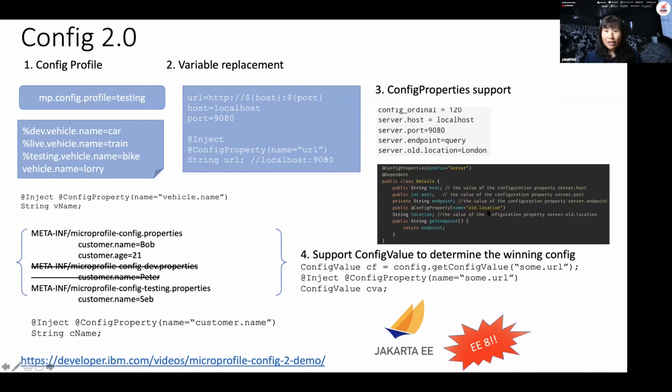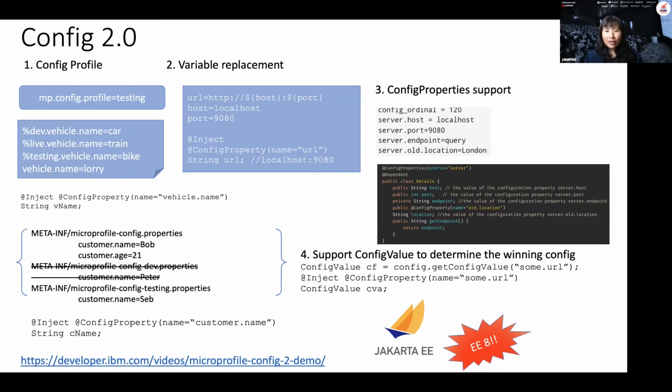If you want to rename one to be location, you add config property and map it to server.old.location.